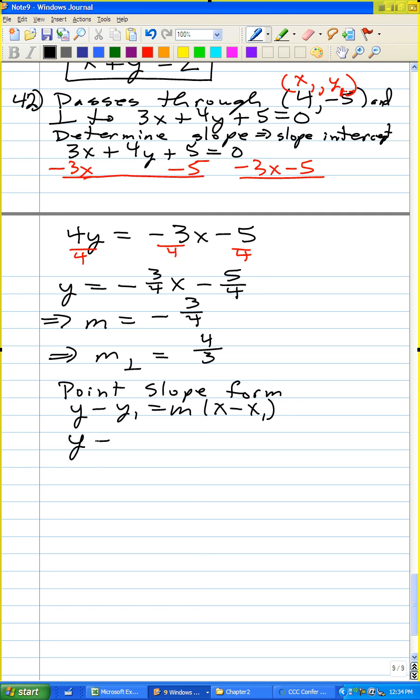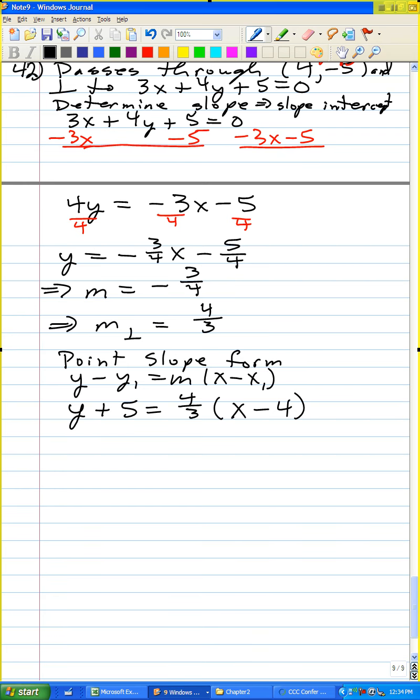So y minus a negative 5 is the same as y plus 5 equals m, which is 4/3, times (x minus x1, which is 4). Again, I would be done.